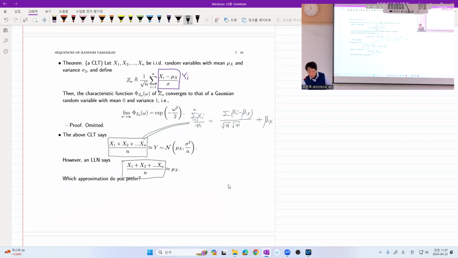The first thing is that we may add and subtract the mean. If this confuses you, let me just use 1/n, right? So your arithmetic mean of the random variables x can be viewed as what? The arithmetic mean of the centralized version of x's plus the mean, right? And what about this one?